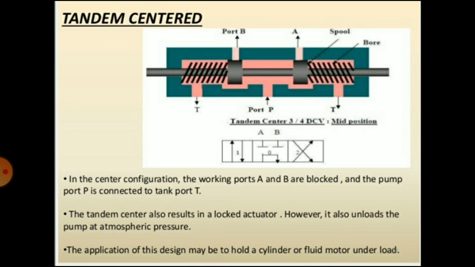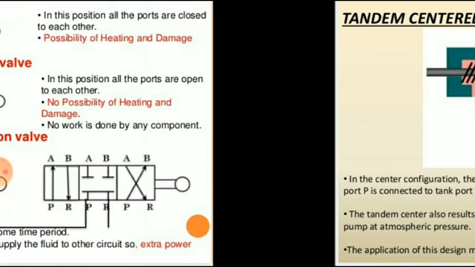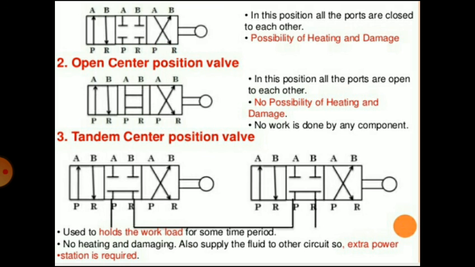Tandem center valve keeps the load, that is the actuator, on hold. As well, the pump flow can be connected to a series of valves for another circuit, thus eliminating the use of another power pack. So in short, that is all the center positions of the 4 by 3 DC control valve. First is closed center valve position, second is open center valve position, and third is tandem center valve position.